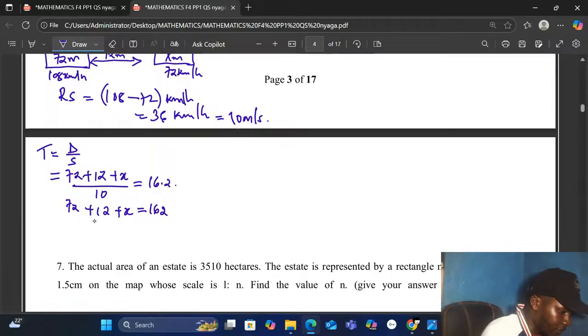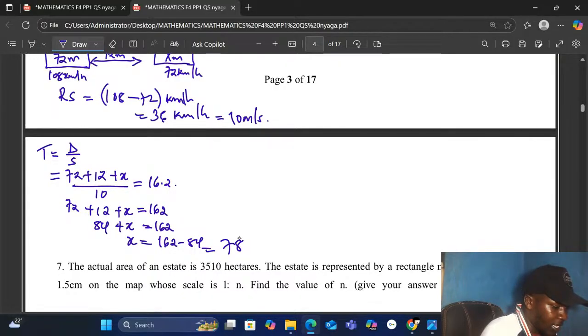So 84 plus x is equal to 162. So we remain with x on one side, so that x is equal to 162 minus 84. That one becomes 78.